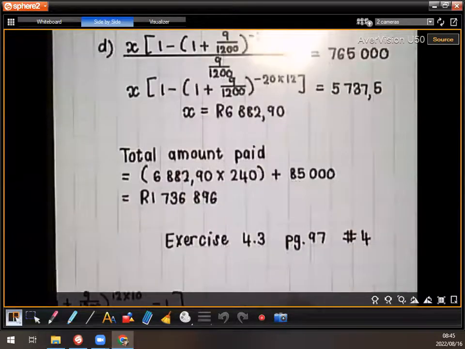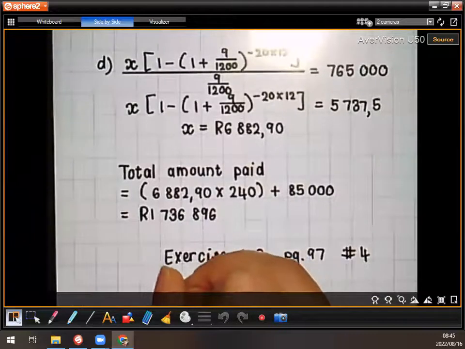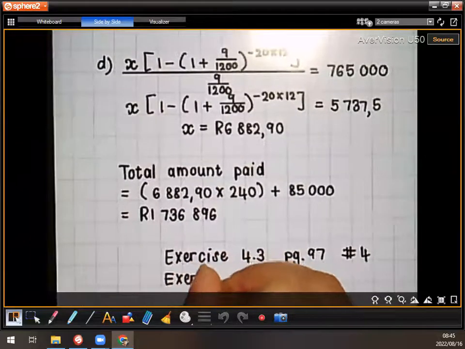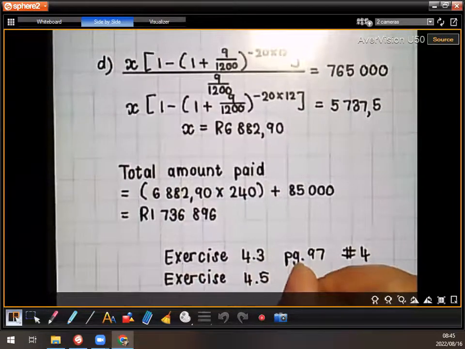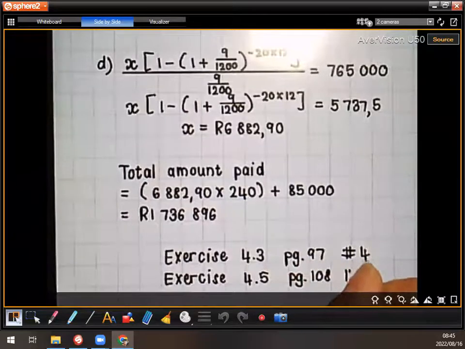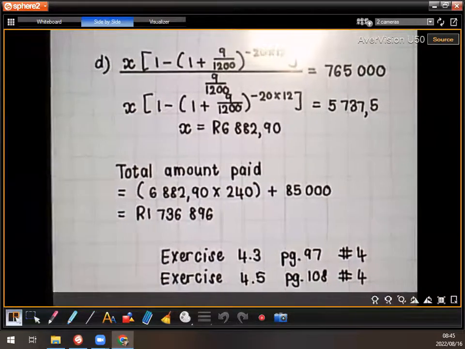And then exercise 4.5 is the next one. Number 4 as well.